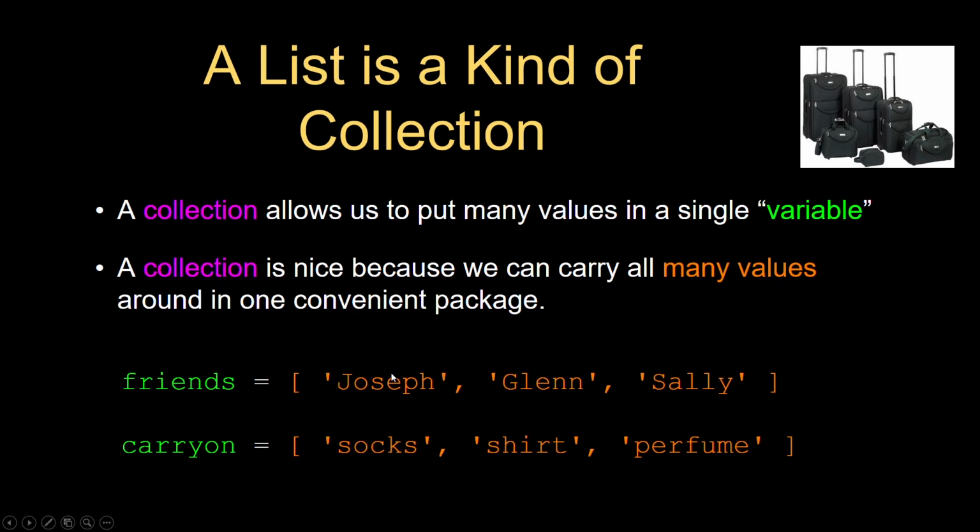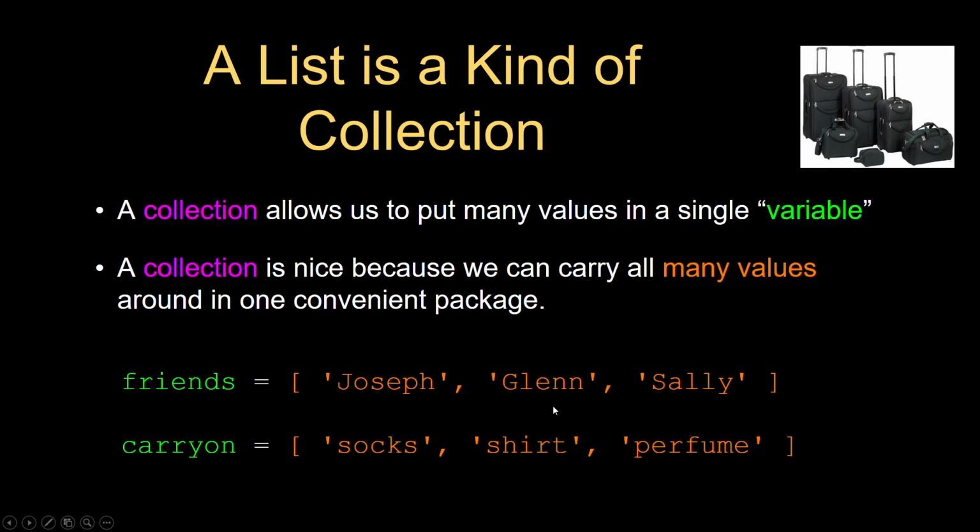For example, here friends is a list that has 3 elements, and these 3 elements are strings as they are represented with quotation marks, and each element is separated from the other element with a comma. So the first list name is friends, and it has 3 elements, Joseph, Glenn and Sally.